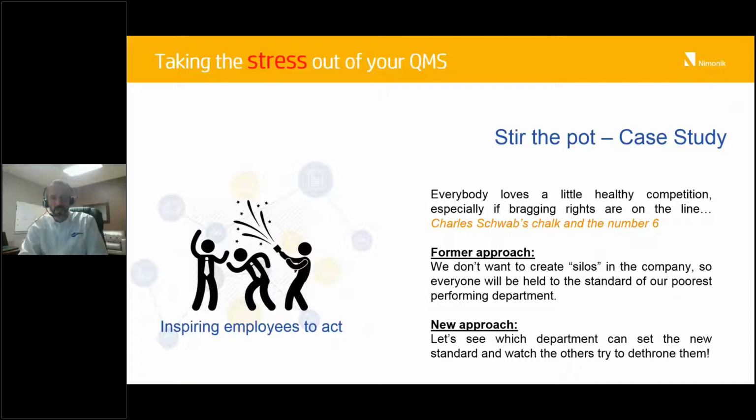So again, finding ways to show the employees in the company there's a way that you can win. And if you engage, if you participate, if you rise to the challenge, if you come up with improvement ideas, the sky's the limit. That was just one particular example. But one of my favorite aspects is employee engagement and awareness.